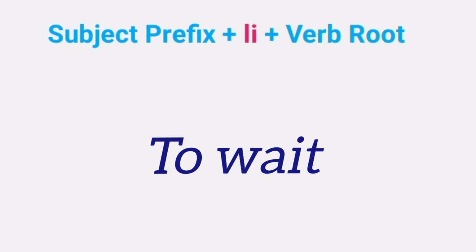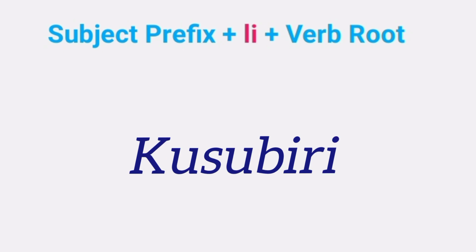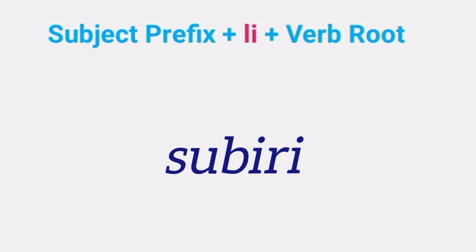What about you waited? To wait in Swahili is kusubiri. The verb root is subiri. We want to conjugate this verb in the complete past action. You waited, like you waited for one hour. The marker linked to you in the plural is m.